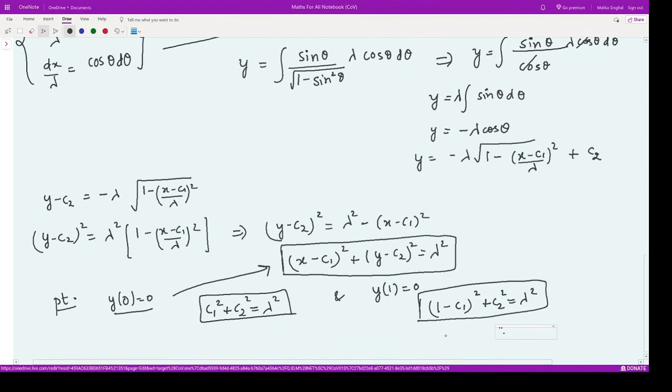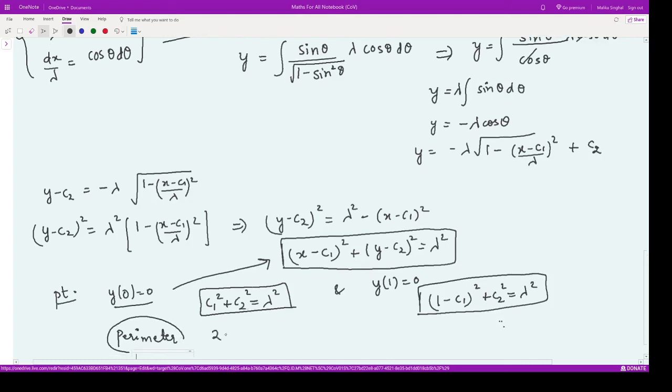So we know it is a circle, so we can either use the functional form to evaluate the parameter lambda, or we can simply say that the perimeter of a circle is 2 pi times the radius, and from here you can say that the radius is lambda. 2 pi lambda is equal to L. So from here you get lambda is equal to L by 2 pi.